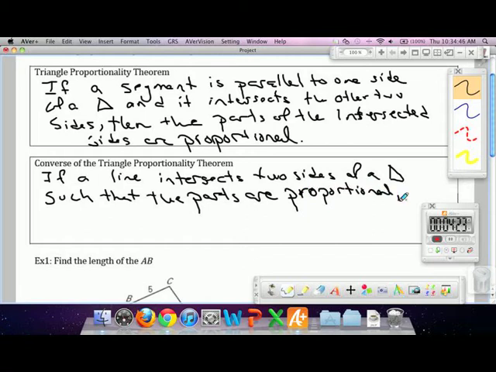So if all I know is that I have a line that's intersected two sides of a triangle and those parts it makes are proportional, then I can actually claim the reverse. I can claim that the line is parallel to the opposite side.